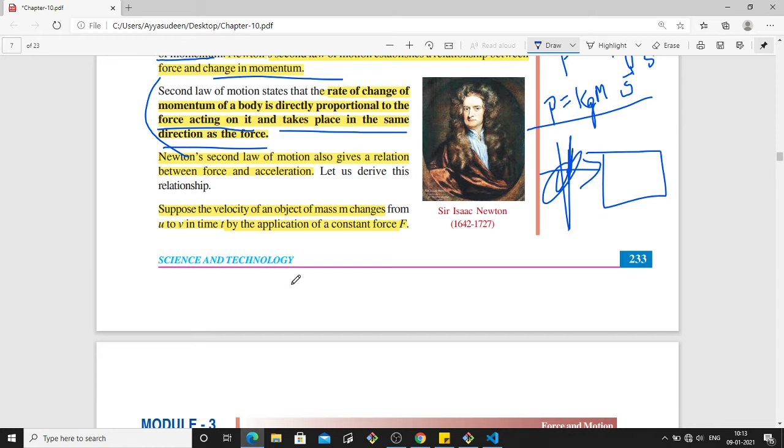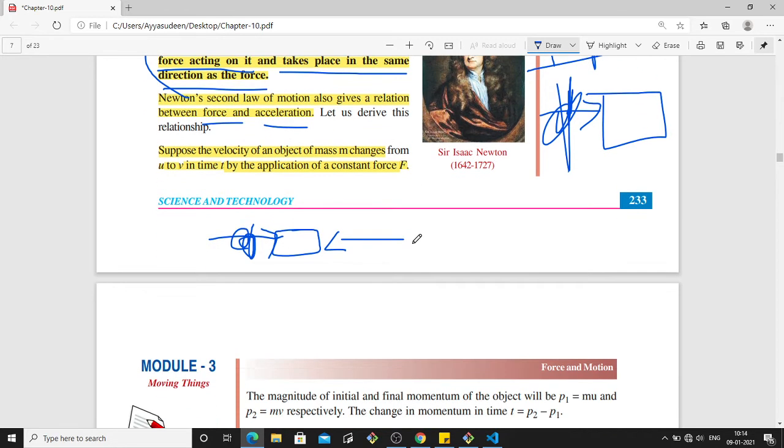So there is a body, and the rate of change of its momentum is directly proportional, not inversely proportional, to the force acting on it, and in the same direction as the force. Newton's second law of motion also gives a relation between force and acceleration. So let us now derive this relationship.